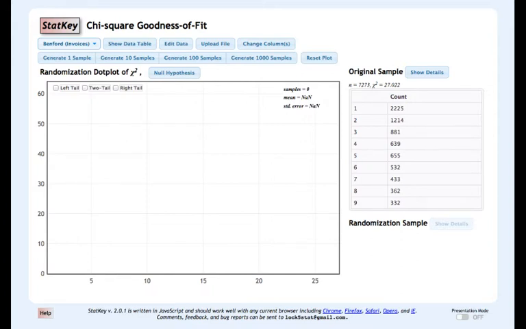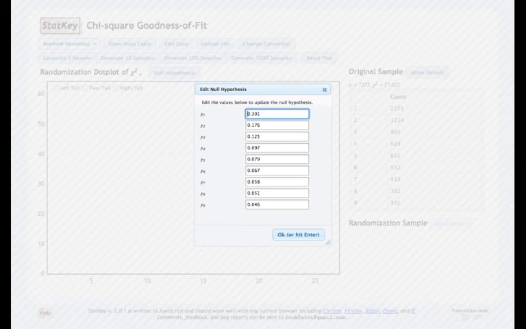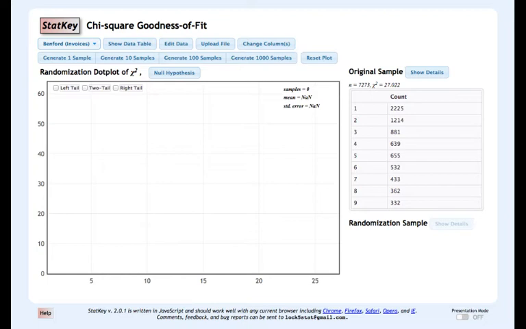We have the counts over here, and if we click on null hypothesis, instead of the default being that they're all equal, Benford's law is already written in here. If we were to upload the file, we would have to enter these manually because this is our null hypothesis. The null hypothesis comes from Benford's law. The data comes from the actual file.